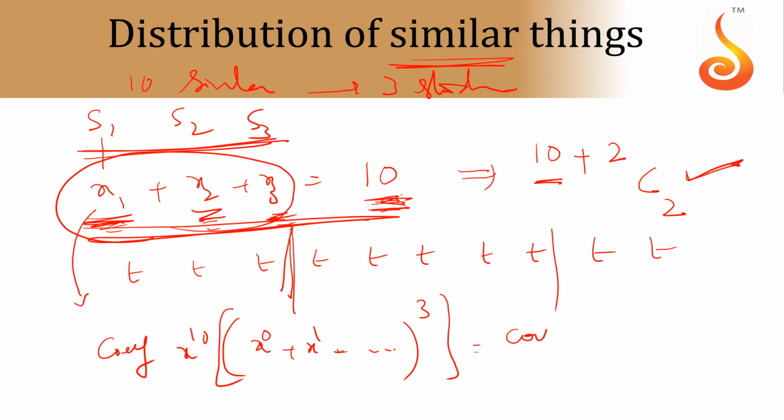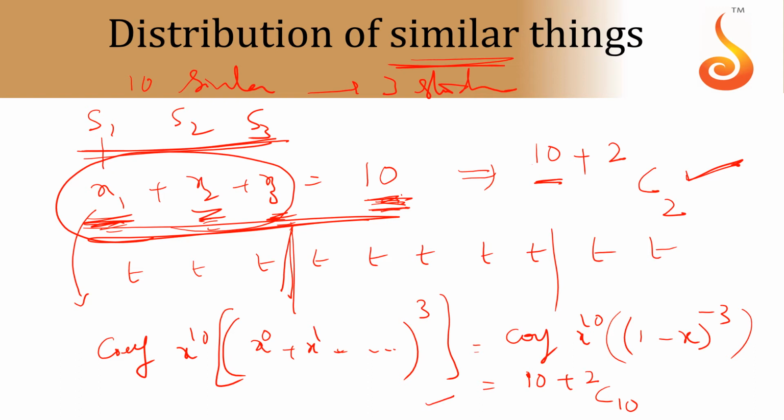So the coefficient of x power 10 in this: x power 0 is nothing but (1 minus x) whole power minus 1, that is minus 3. So you want the x power 10 coefficient, C10, so 2 plus n minus 1 C r.